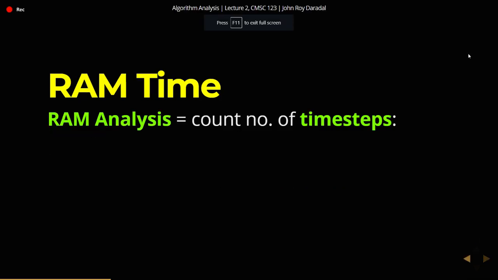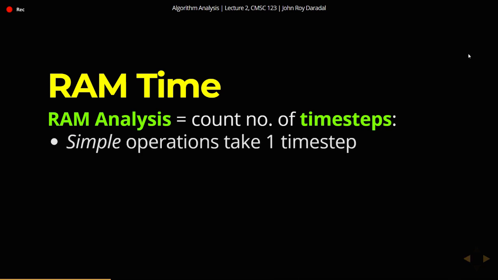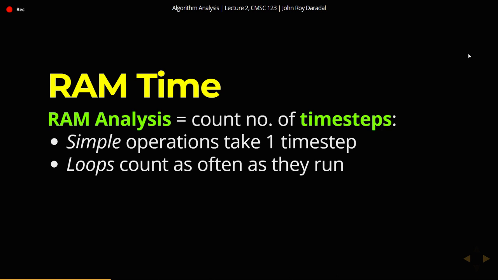Okay, now how about the time in the RAM? For RAM analysis, what we do is we count the number of time steps. So a simple operation like arithmetic operations take one time step. Loops count as often as they run.